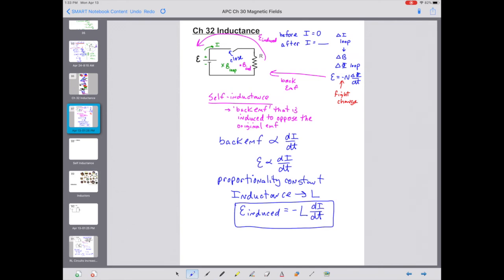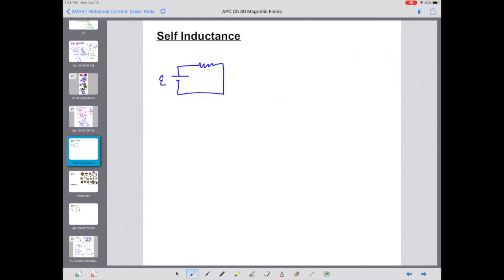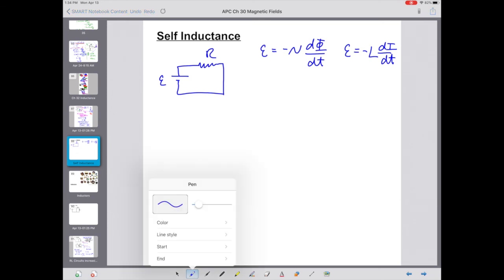Now, if we consider a simple circuit, there's our simple circuit with an EMF from the battery and a resistor. Well, we know from Faraday's law, EMF is equal to negative N d phi dt. Think of it in terms of inductance, the equation we just came up with, negative L di dt.